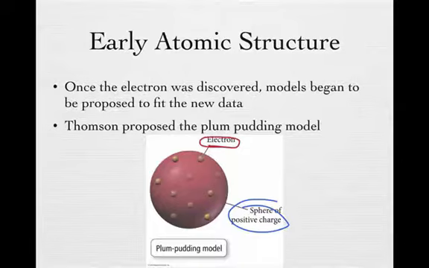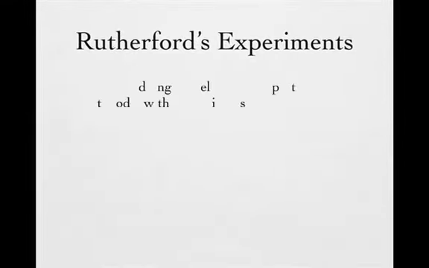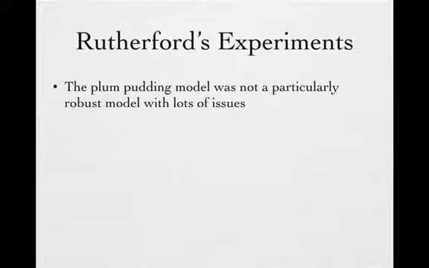It's called plum pudding because plum pudding is like a pudding with a bunch of almonds or raisins in it. So that's kind of how we saw the atom. You had this blob of positive charge with negatively charged electrons inside of it. And that actually worked fairly well for quite some time.